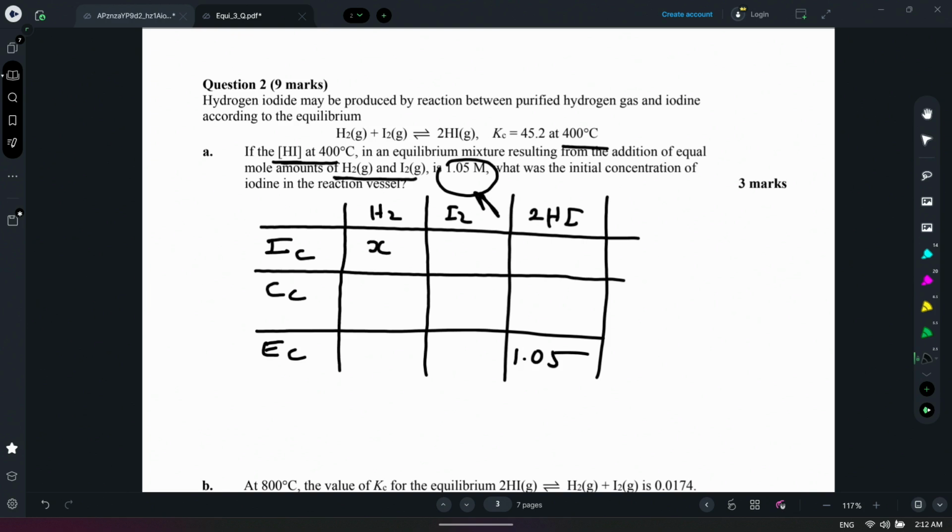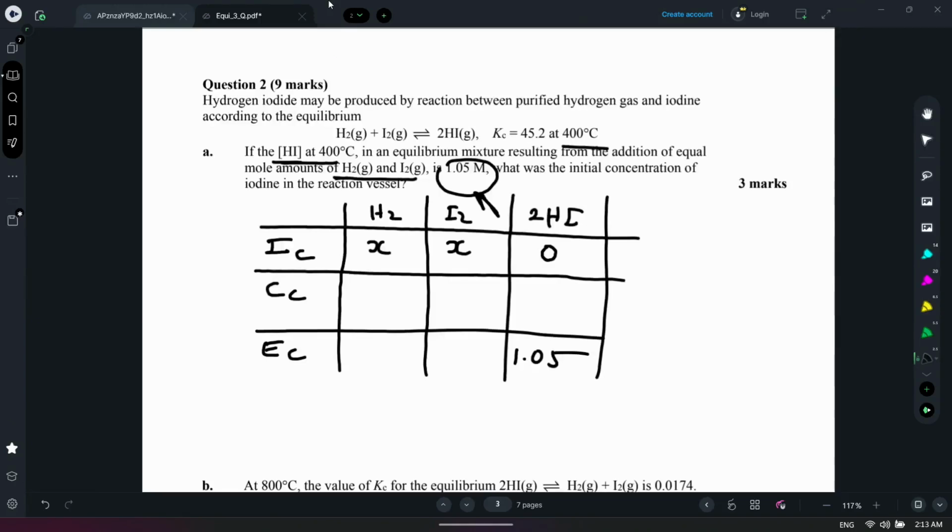All right, that is X. Then I2 concentration at initial is X. HI concentration, at the very beginning there is no HI, so the initial concentration of HI is 0. Yeah, is that clear to you? Because there is no HI at the beginning, because you are starting the reaction by adding hydrogen and I2 together. So at the very beginning there is no HI. Is that clear? That's why it is 0.